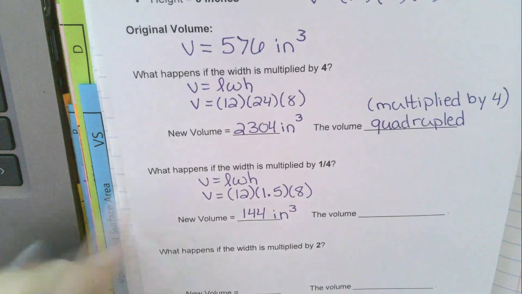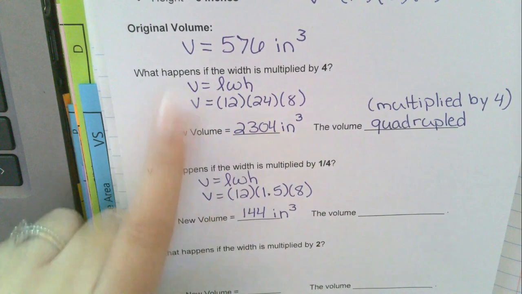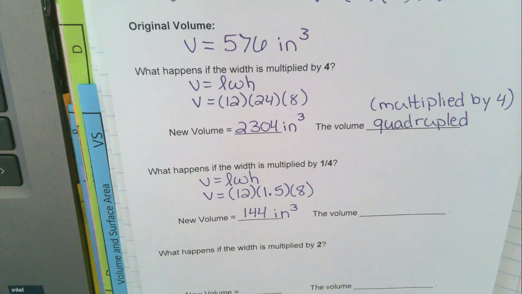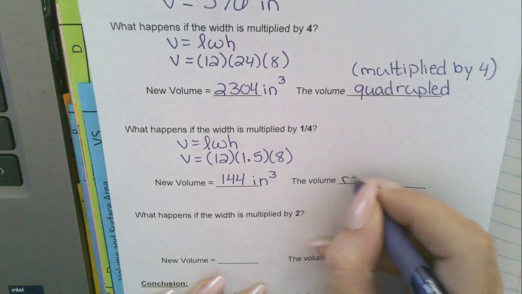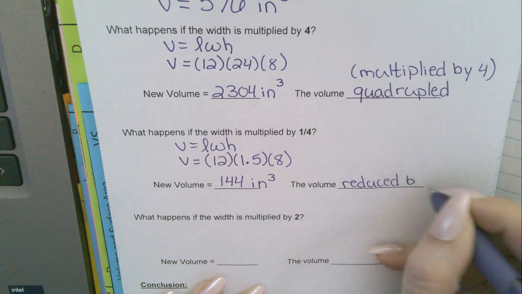And we're trying to identify what happened from my original to my new volume. What's the relationship between them? If you think you figured out the pattern, you could test it with your calculator and see if it works. What do you think happened? It's a fourth. It's 1/4 of it. So the way we can word that is we can say it's reduced by 1/4.